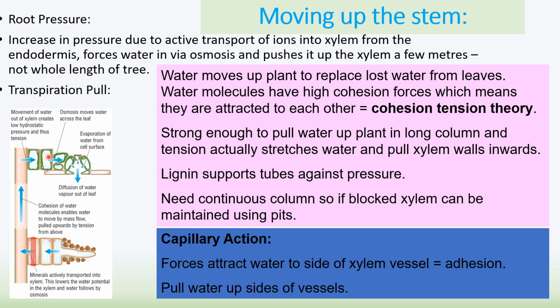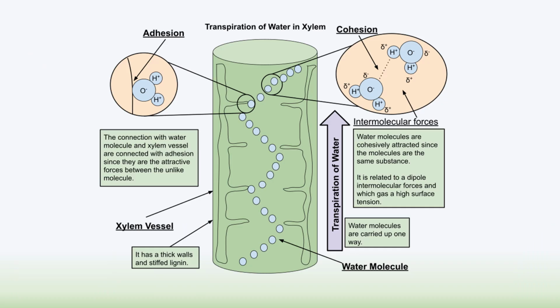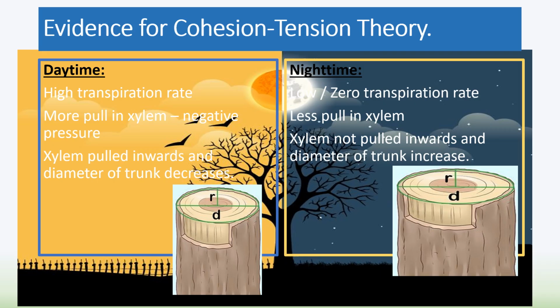But also the water sticks to the side of the xylem, called adhesion, and the water molecules themselves have hydrogen bonds between them, holding them together like a chain, called cohesion tension theory. So you can see here, with the cohesion tension theory, these water molecules will be pulled together, so as you pull them up, it's like a string of water molecules being pulled together because of this hydrogen bonding. And the water molecules adhere, or stick, to the side of the tube because of adhesion.